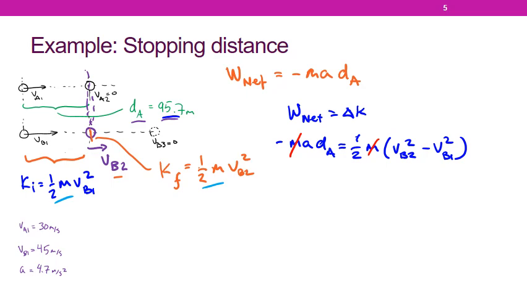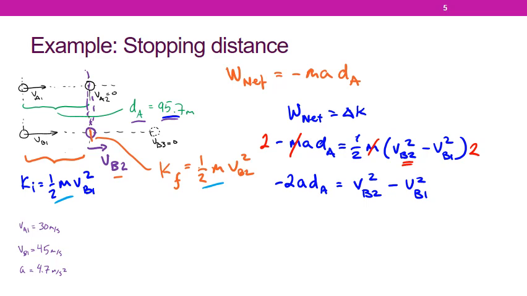And I can continue to simplify this and solve for the thing I'm interested in by multiplying both sides by 2. And if I do that, that leaves me with minus 2 times my acceleration times this distance that the slower car traveled is going to be equal to, I'm left with the speed I'm after squared minus the square of my initial speed.